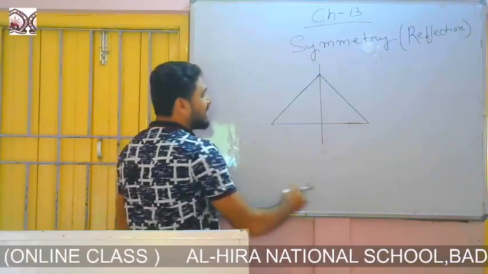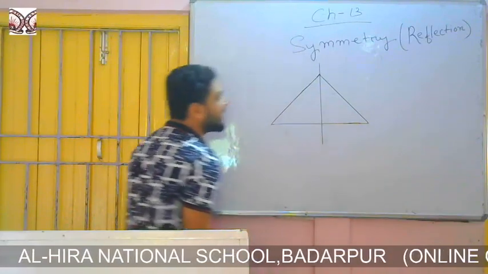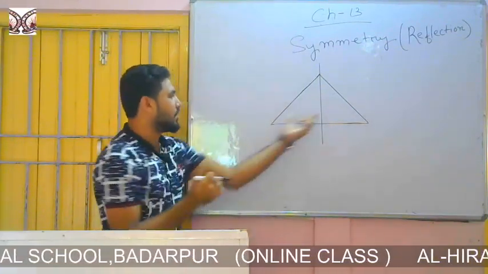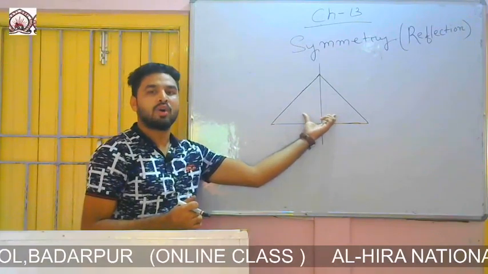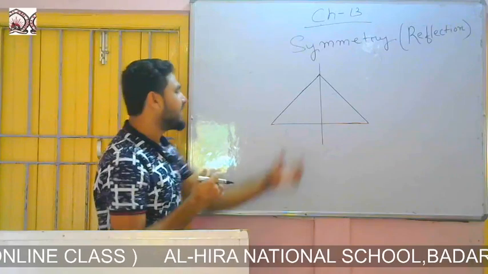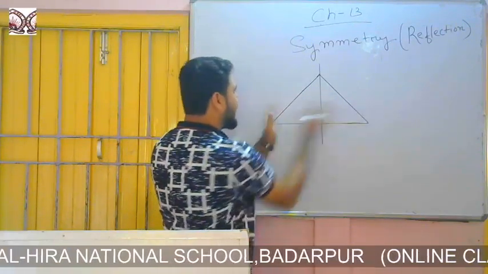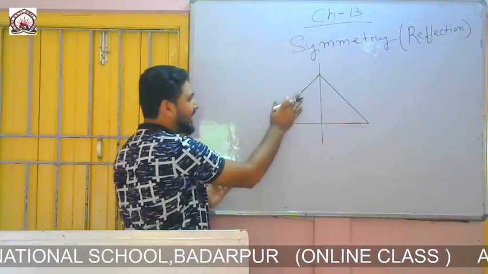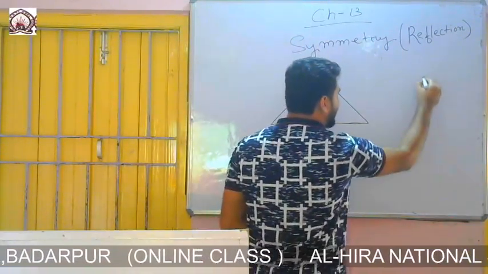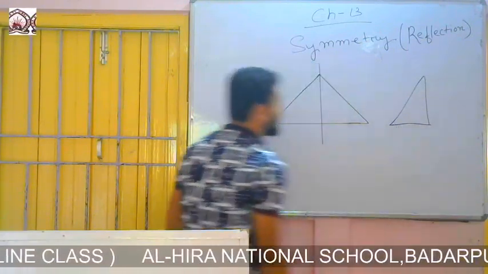After dividing, the two parts become exactly equal, and if I just fold it, both parts will coincide and be exactly the same. This part will fall down on that part, and this shape will come if I fold it.